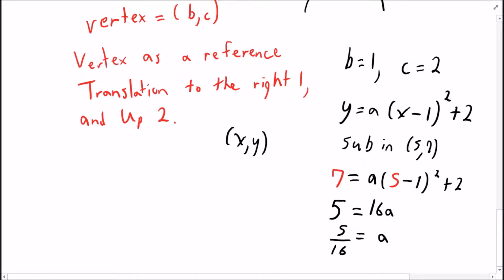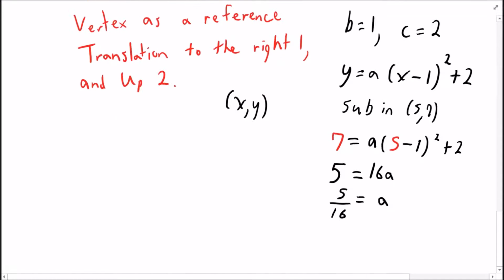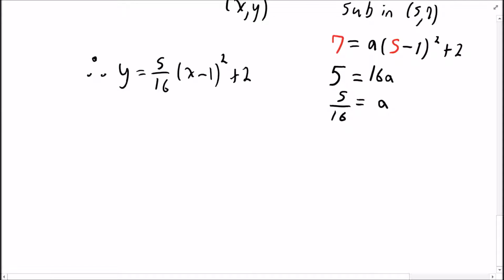Then all we need to do is sub that back into the original equation. So therefore, y is equal to 5 over 16 bracket x minus 1 squared plus 2.